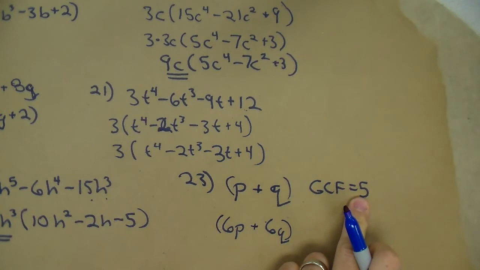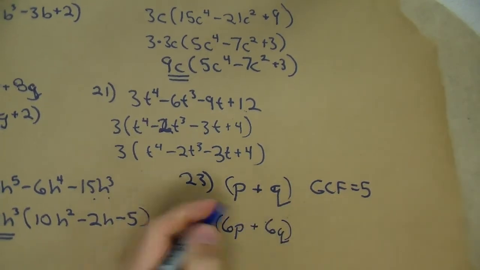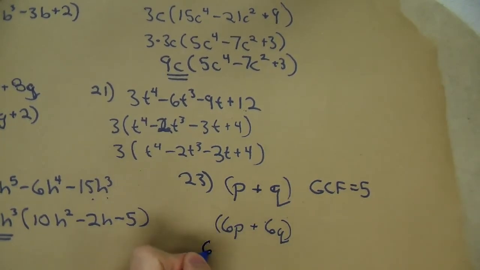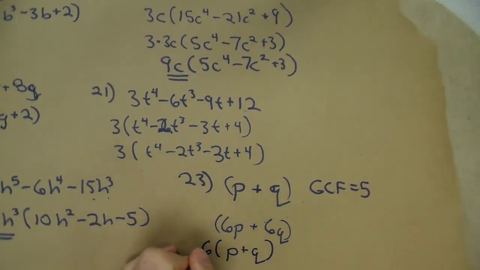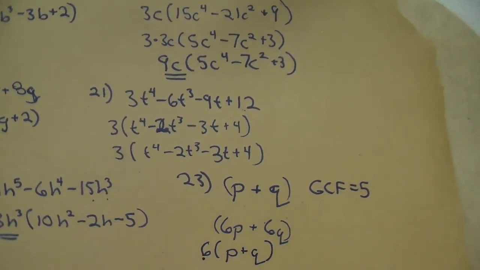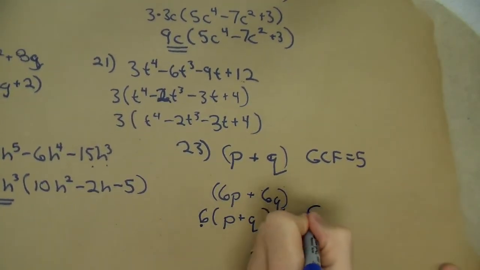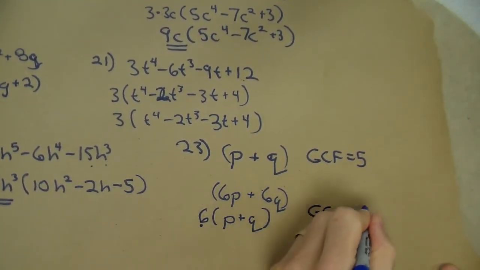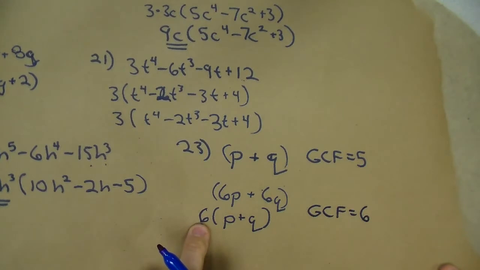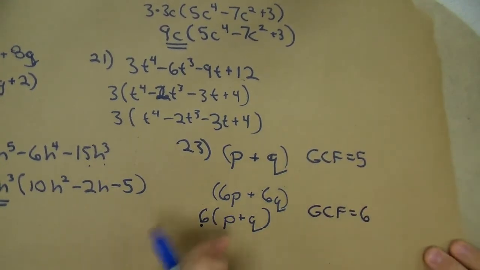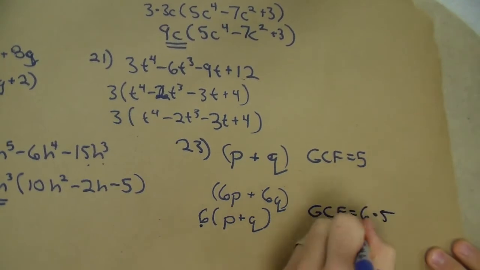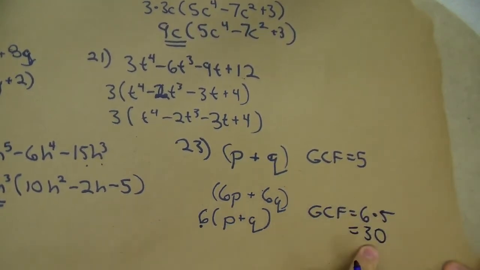What's our GCF going to be? Well, we know already it's 5. What I can do with this is factor out a 6 from here. And that 6 out here is a common factor, because at the greatest we're not sure. So our GCF is going to have the 6 from this, and then what we originally had with p and q, which was 5. So our greatest common factor would be 30.